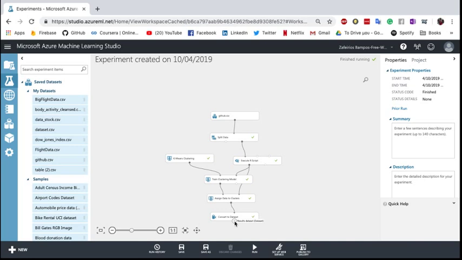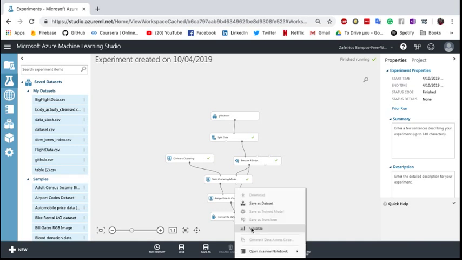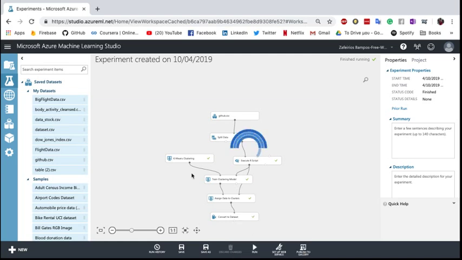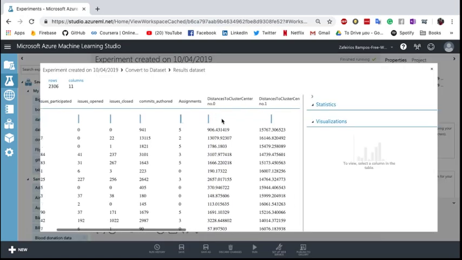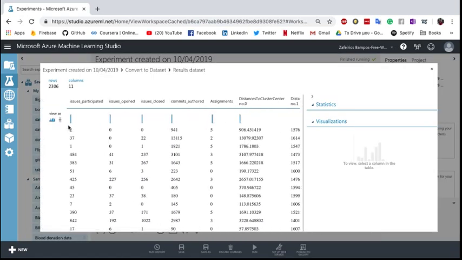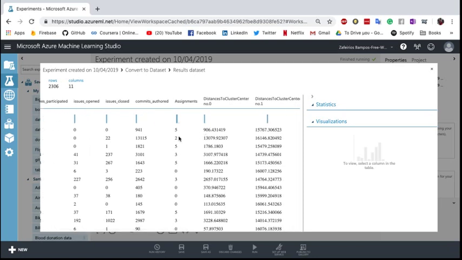And here, final step for this quick Azure Machine Learning Studio tutorial, we can see each one of our data points. Like the first one, we have two issues opened, issues commits, and this is assigned to the fifth cluster.